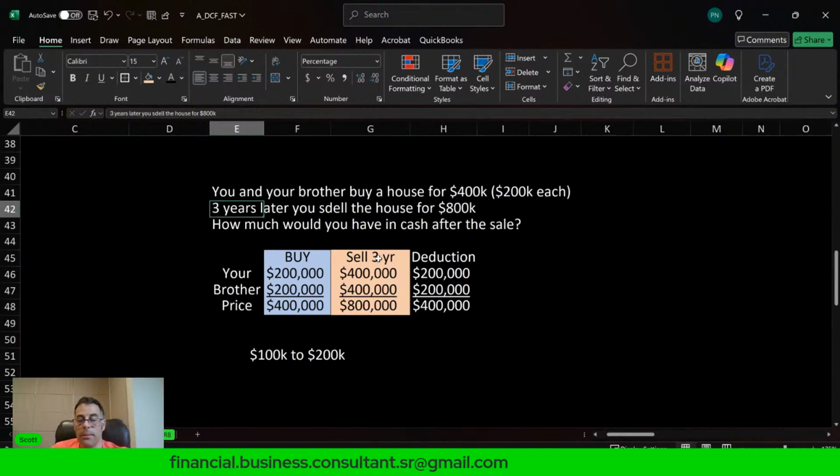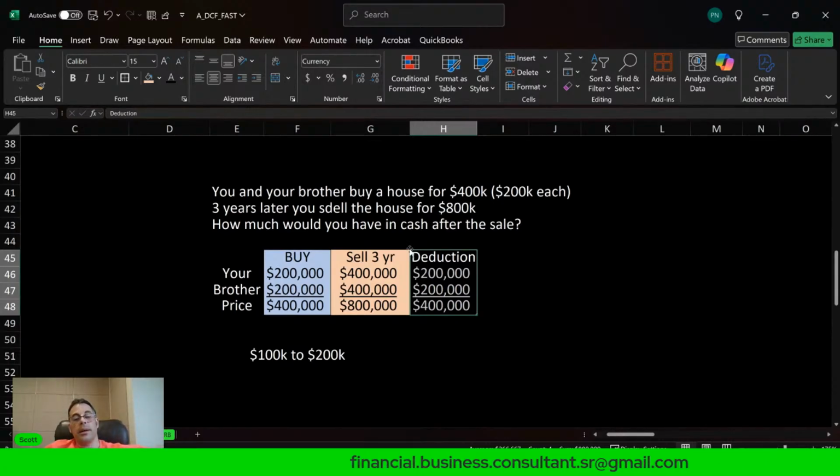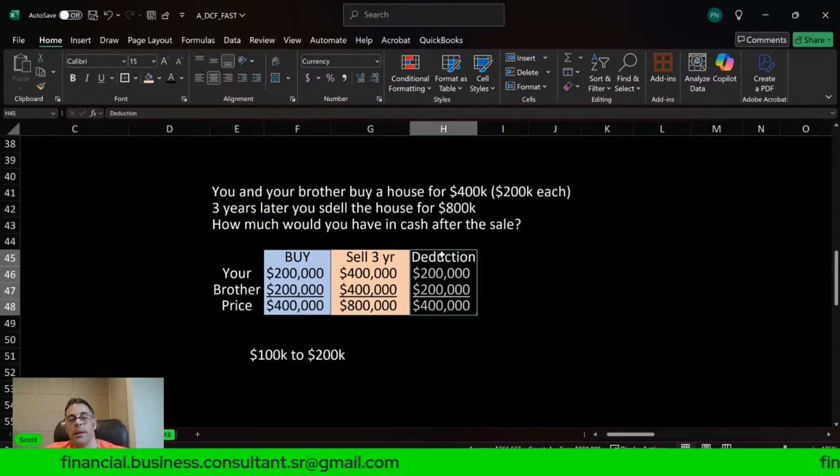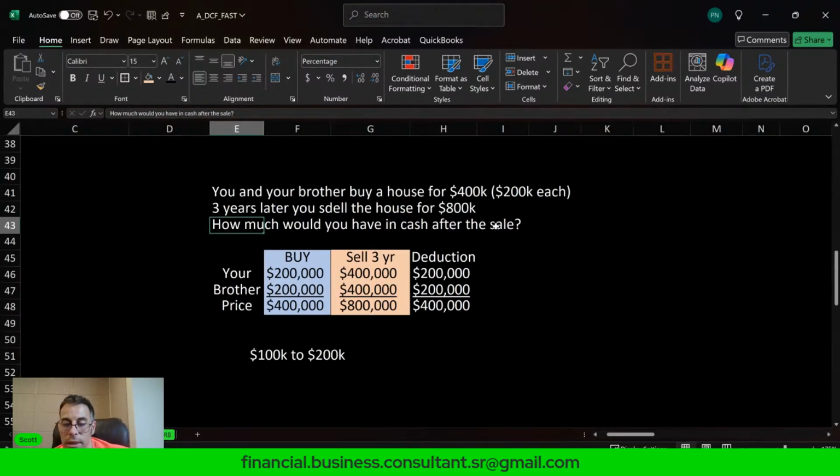You lived in it the whole time. Now, when you sell something at a profit, there's a tax implication. So how much would you personally have in cash after the sale?